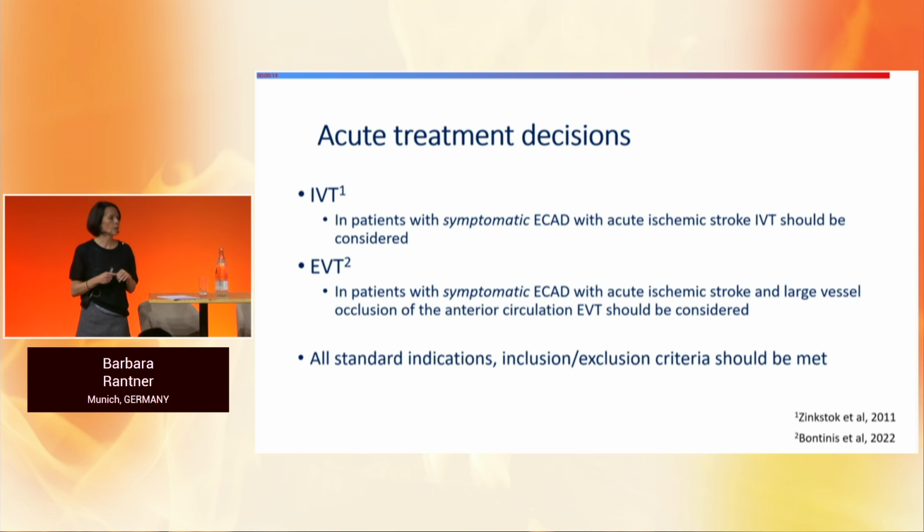And what you need to be aware of, and this is probably not for vascular surgeons, but more for stroke physicians, if the patient shows up in the early window of neurological stroke onset, then you need to decide if you want to perform intravenous thrombolysis, and then you additionally need to rule out large vessel occlusion in the anterior circulation in the context of extracranial carotid artery dissection.